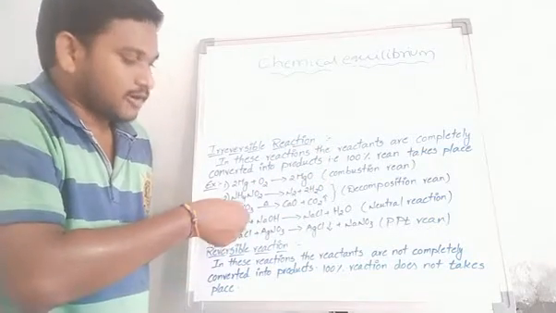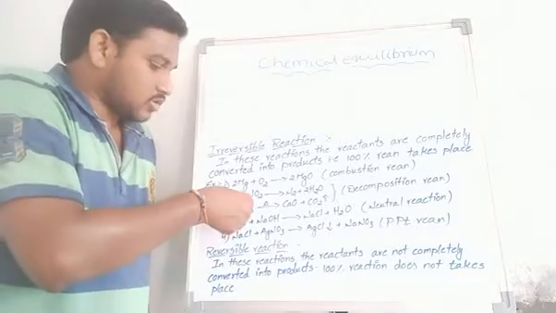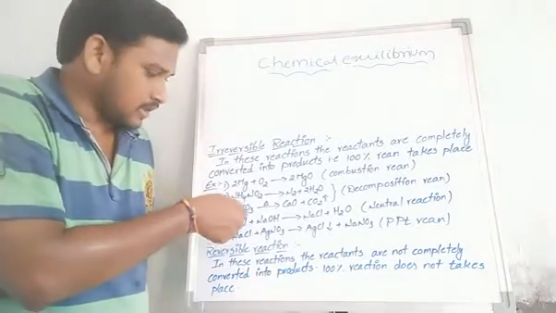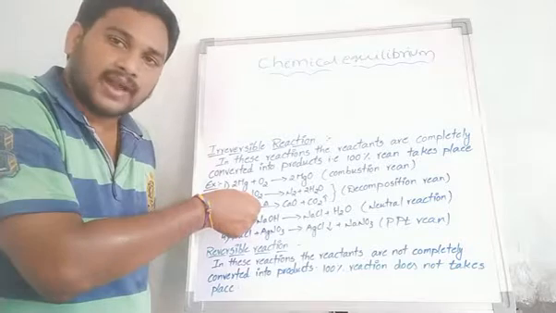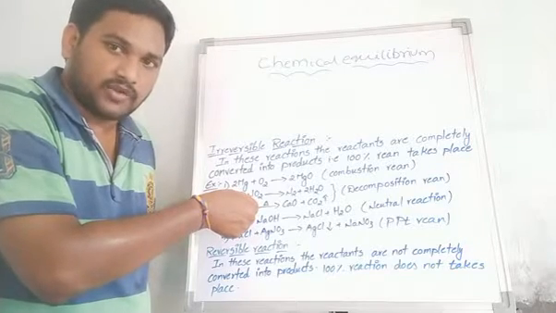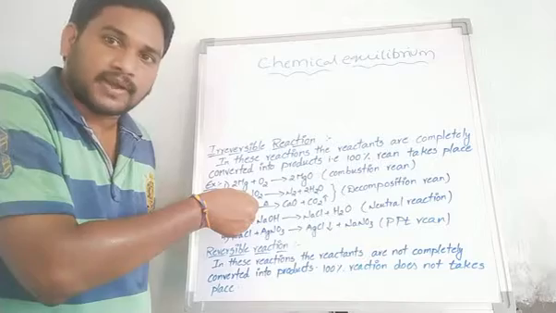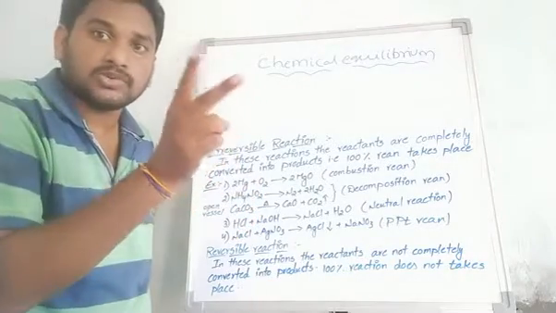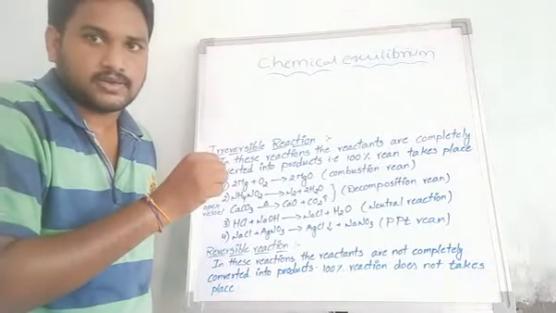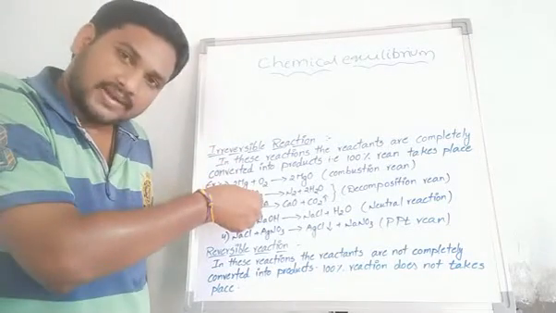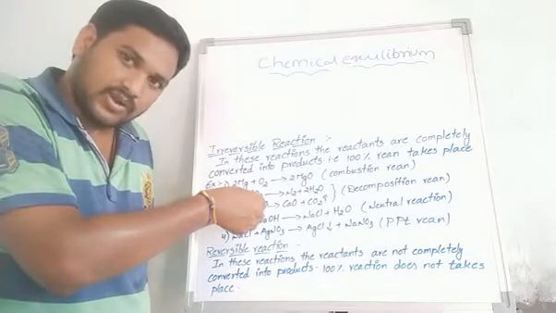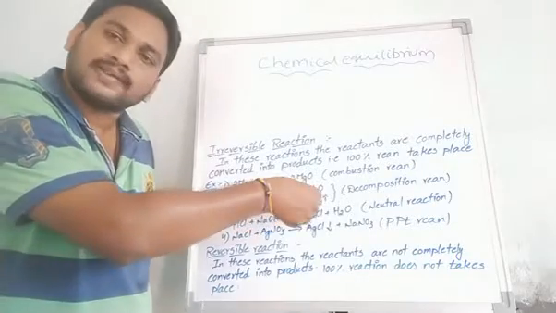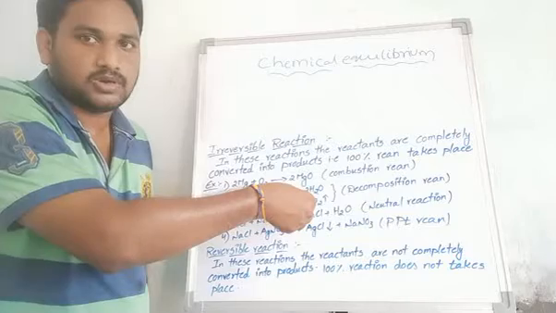Okay, and the second one, students, is a 2016 JEE Mains question. Ammonium nitrite, NH4NO2, and ammonium nitrate, NH4NO3, both are most important. Ammonium nitrite, NH4NO2, decomposes to N2 plus 2H2O.